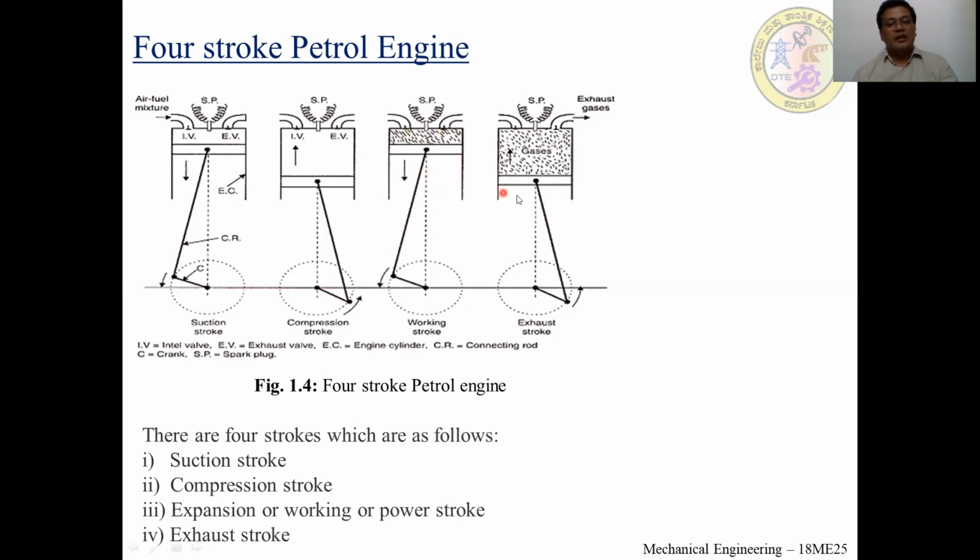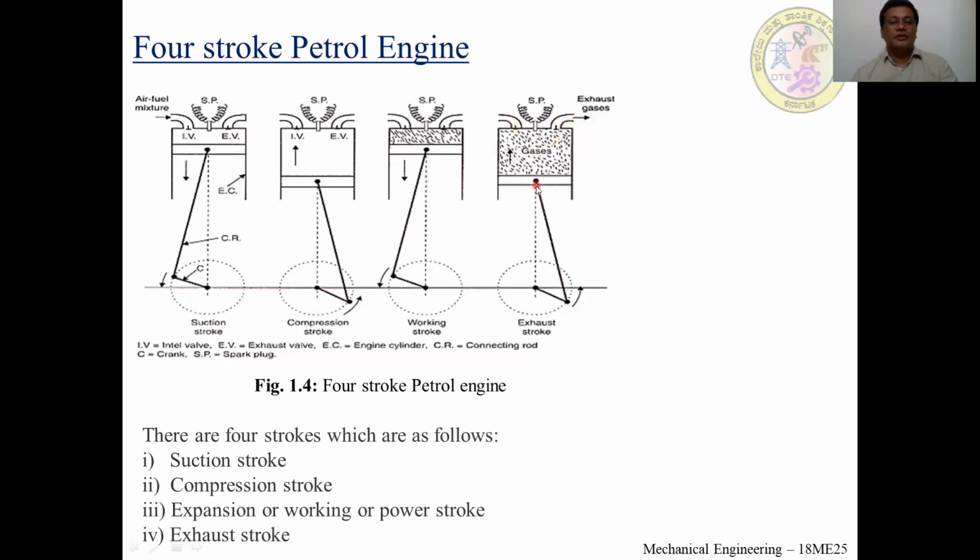Then the last stroke is the exhaust stroke. At the beginning of this stroke, the piston remains at the BDC only. During this stroke, it moves from BDC to TDC. Regarding valves, here the inlet valve is closed and the exhaust valve is open.